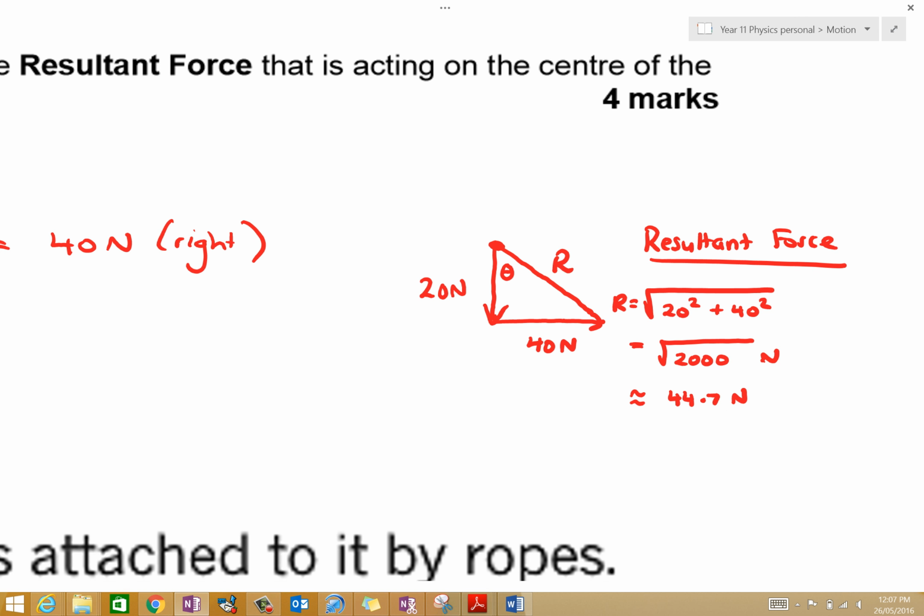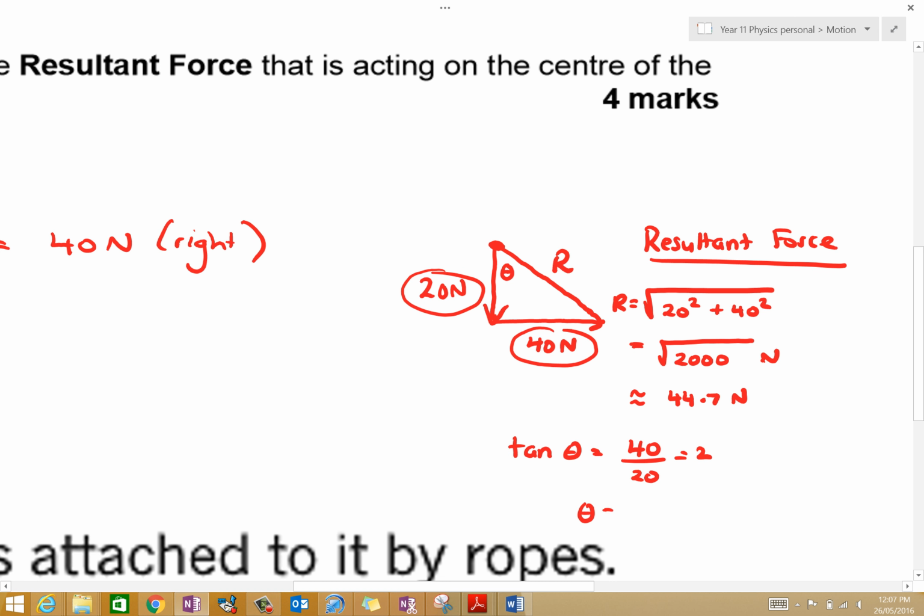With a horizontal and a vertical component, we're always going to be using tan, opposite and adjacent effectively. So to find theta, we can say that tan of theta is equal to opposite over adjacent, which is 40 over 20, which is equal to 2.